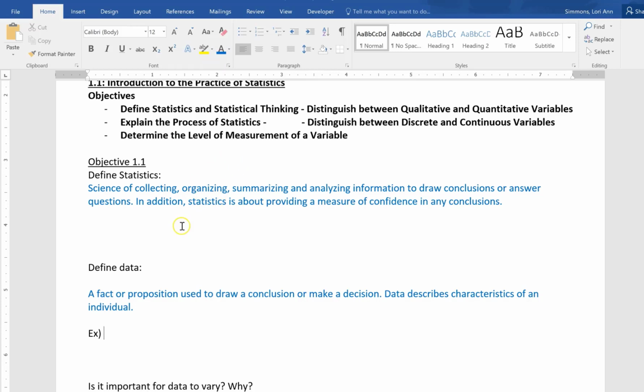Well, we could have maybe your IQ score, heights, eye color, age, miles per gallon, and so on.